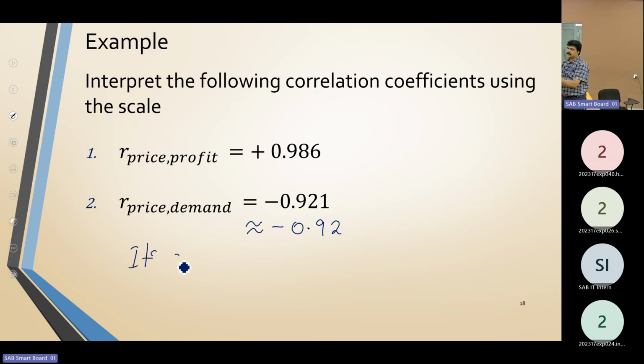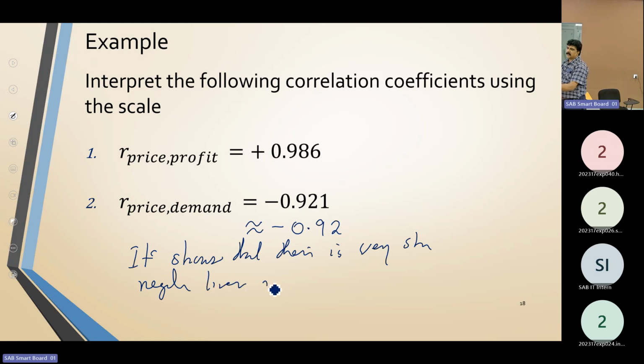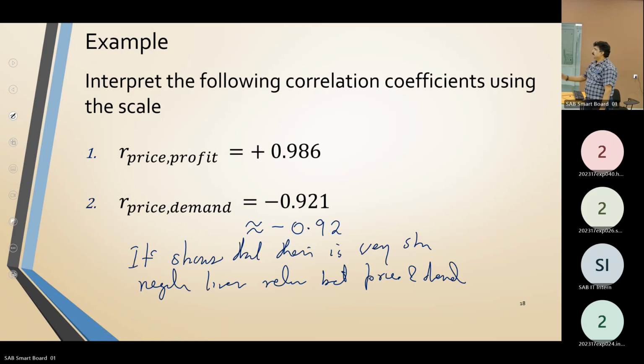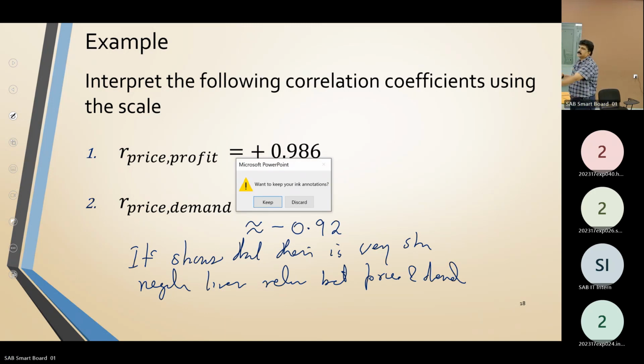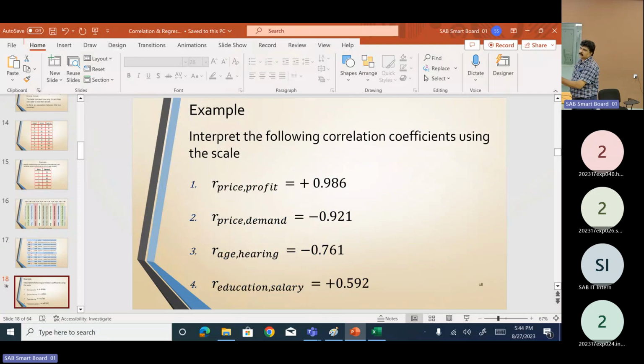It shows that there is a very strong negative linear relationship between price and demand. The same way you write, plugging in the corresponding values. The next one.